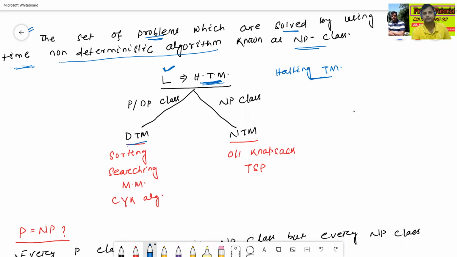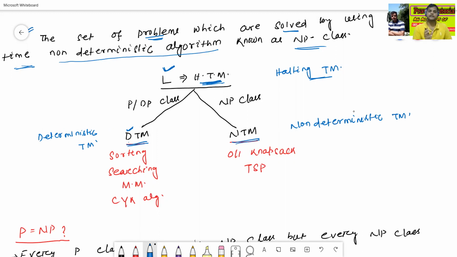One is DTM, which means deterministic Turing machine, and the other is NTM, which means non-deterministic Turing machine.